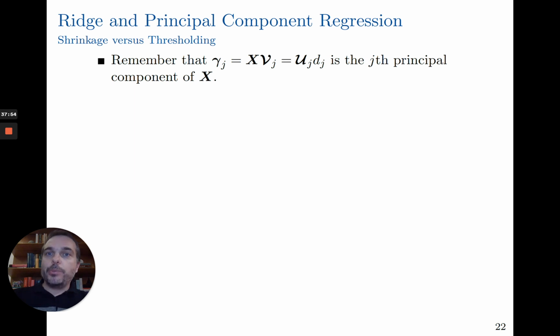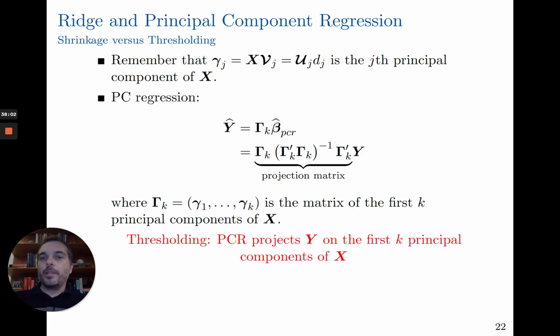So going back to ridge and principal component regression, remember that the principal components are given by X Vj. What you usually do in principal component regression is compute the principal components of the data, take the first k most important principal components, and then regress y on those k principal components.